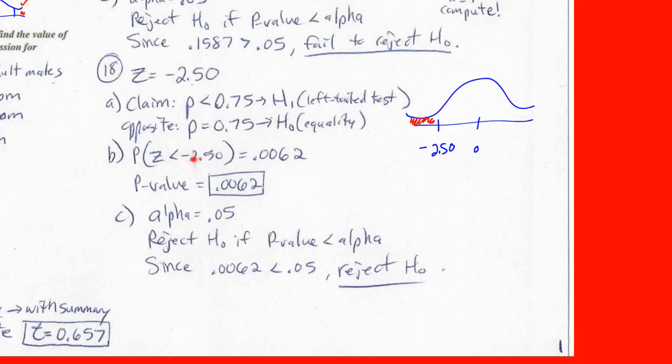So if you look at the table, it gives you 0.0062, and that is actually the p-value, okay, because it's the left tail. All right. Now, since 0.0062 is less than 0.05, we reject H0, okay?